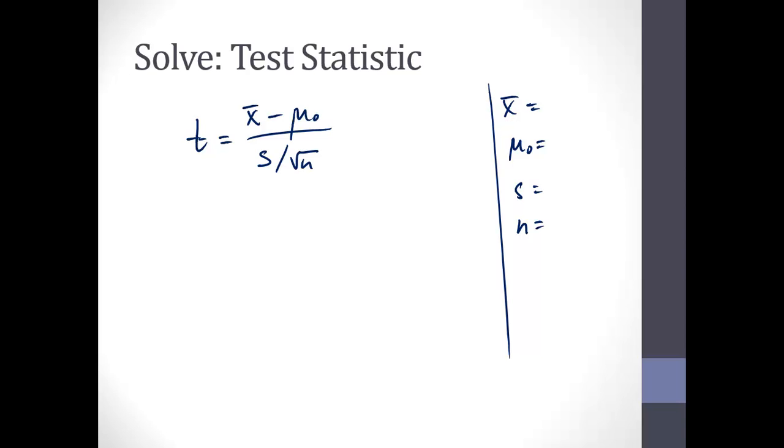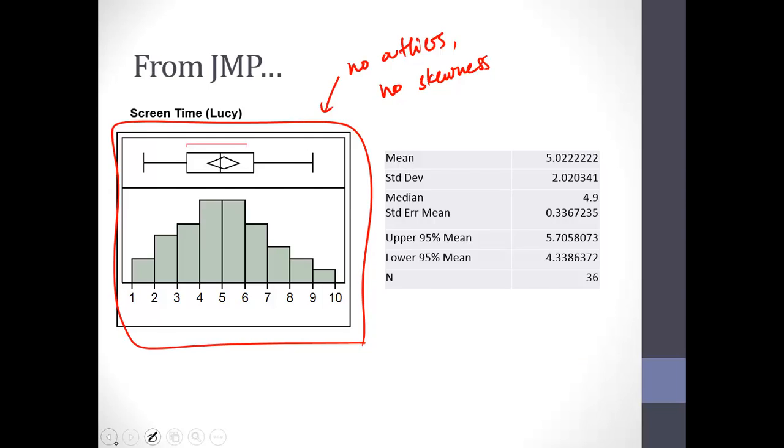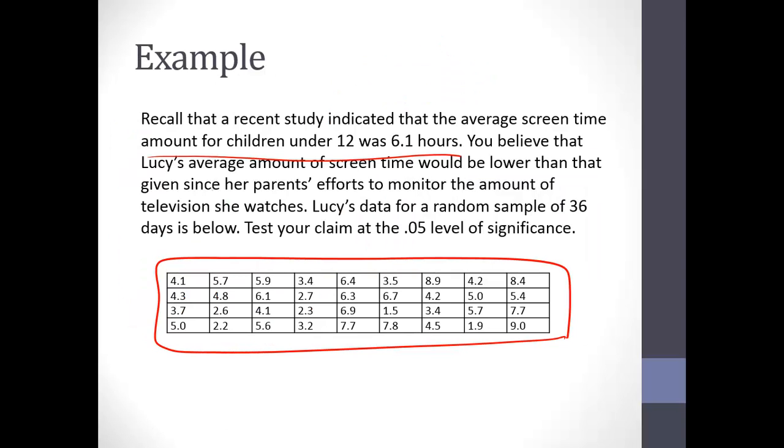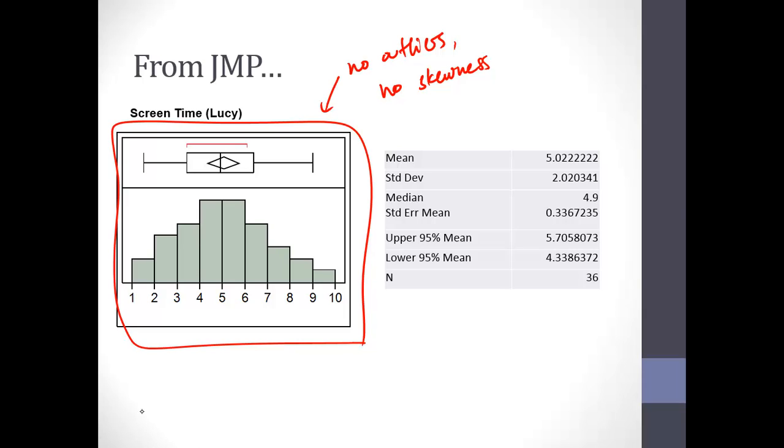In most of the examples that we look at on this page, they'll often tell you what the sample mean is. They'll say they took a random sample of 36 days and found a mean of whatever and a standard deviation of whatever. If you see a homework problem like this where they don't straight up tell you that, then we have to actually calculate the mean and the standard deviation, and that's what we've done here.